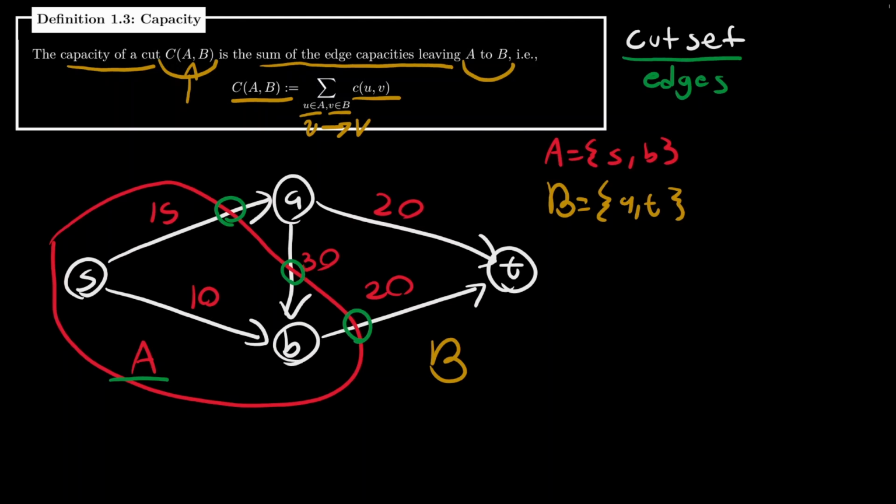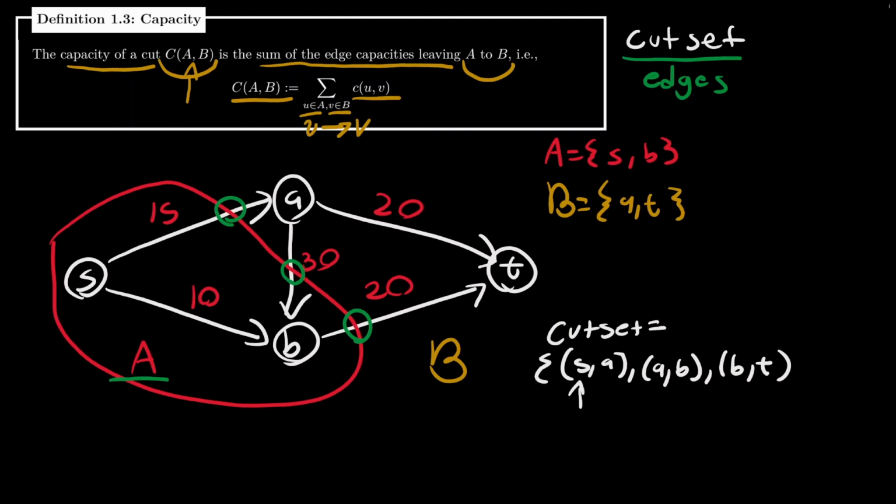So our cut set is going to be equal to, if we have the node pairs, S and A, A and B, and B to T. I'm just going to denote that the starting node is going to be the start and the end of the pair is going to be the end point. So these are our cut set.